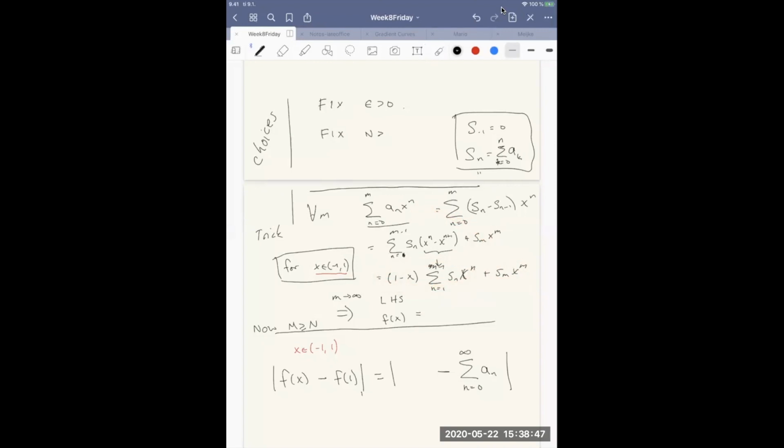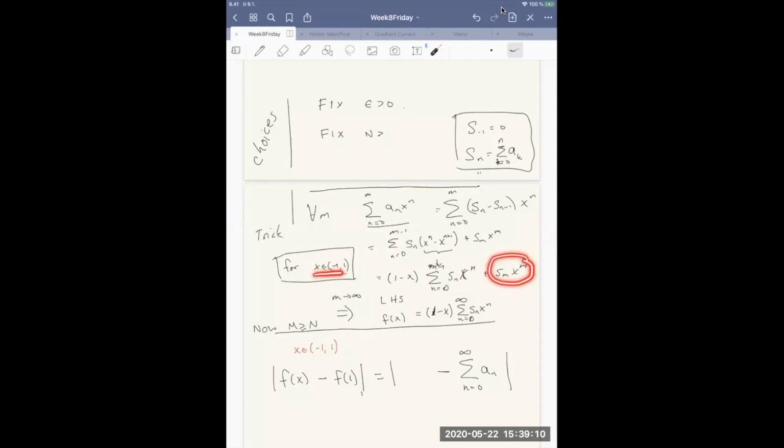And what does it mean for that to converge? It means in this case that the series from n equals 1 to infinity of Sn x to the n converges. And this summation, by the way, should be from 0. But what happens to this other term?